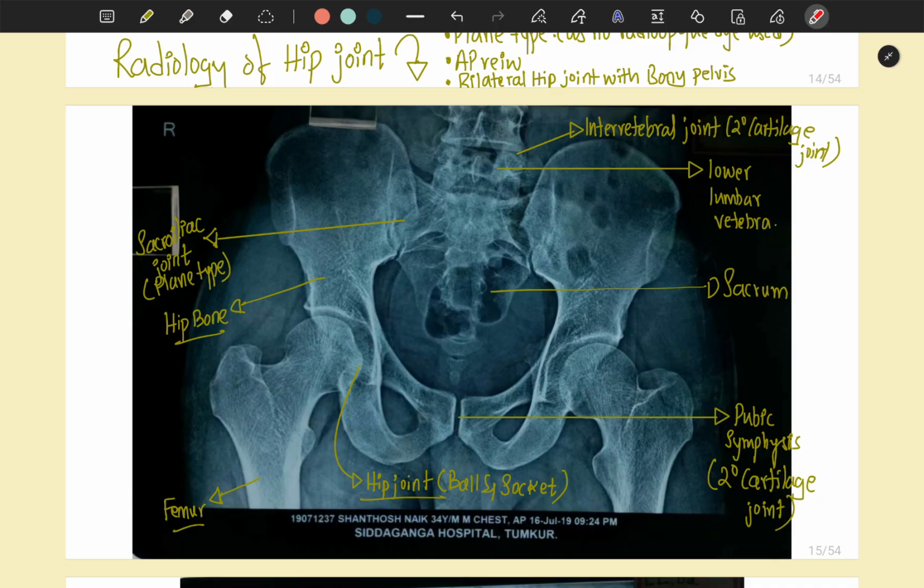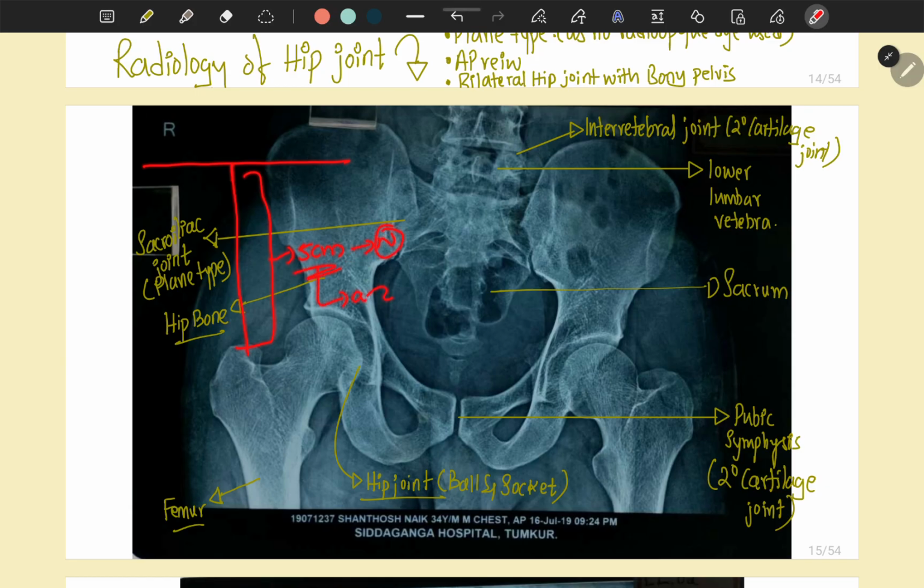Now, the next line is Vyant's line. If you take a vertical line from the greater trochanter and a horizontal line from the anterior superior iliac spine, this length should be around 5 centimeters in normal individuals.